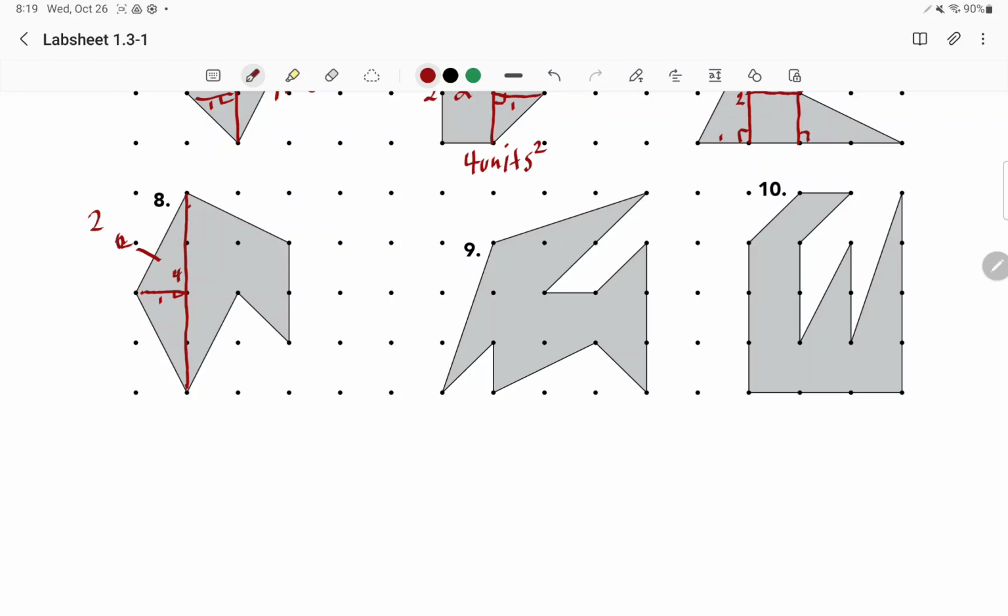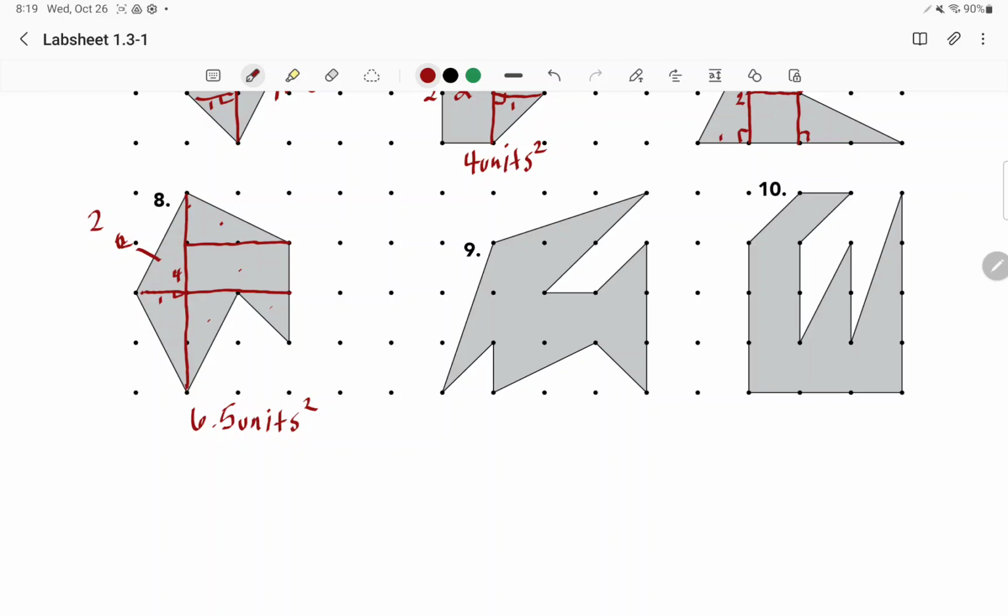Then I would draw a line straight across so that you would have this triangle and this triangle, find those areas, and then draw one more line straight across here so you have a rectangle and a triangle. So now there are shapes that are manageable, and when you add all of those areas up, you should get 6.5 square units.